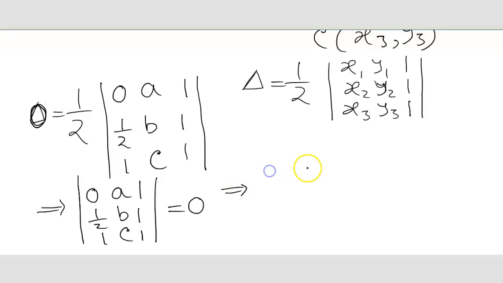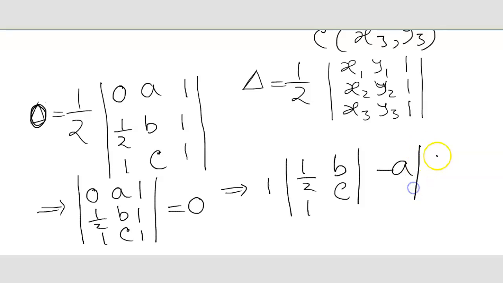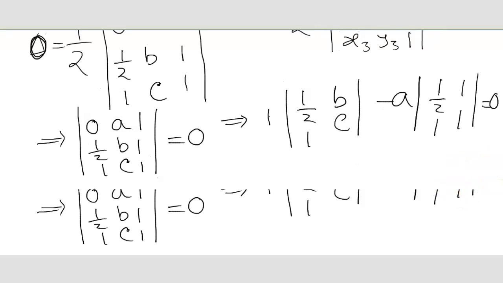If we expand this determinant according to the first row, then we can observe that it will become something like this.